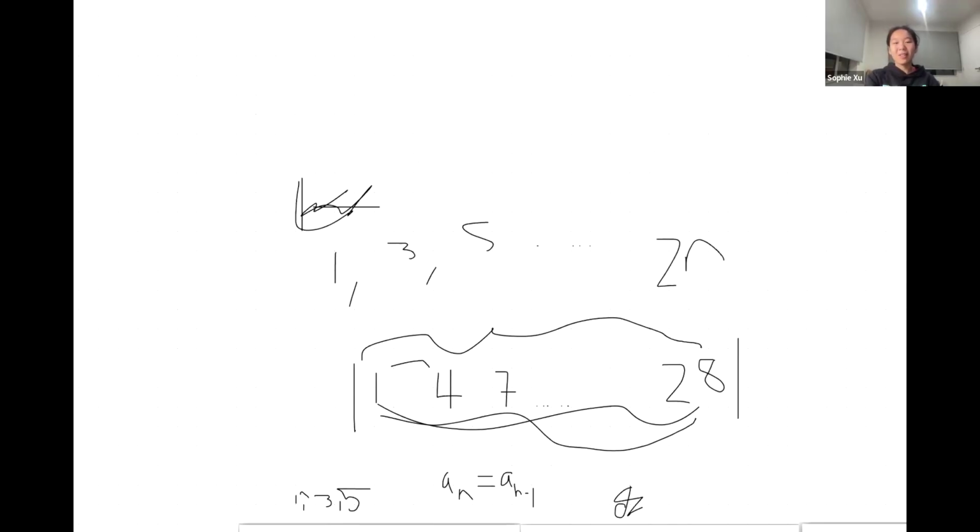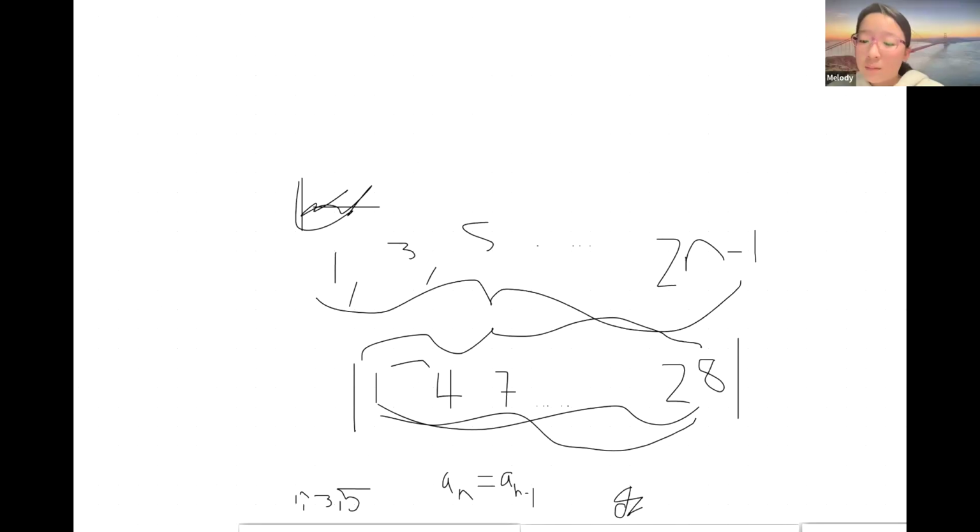Can you find the sum of this? 1 plus 2n minus 1, times n, divided by 2.